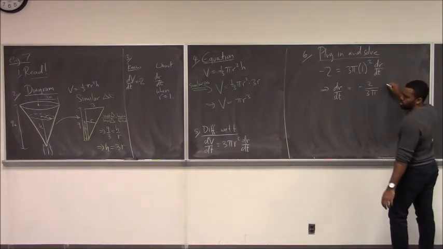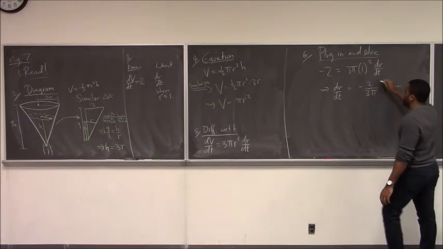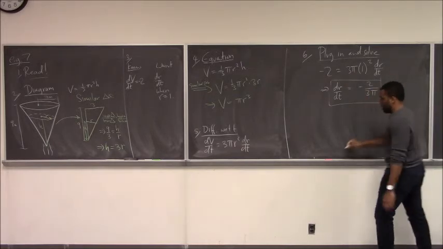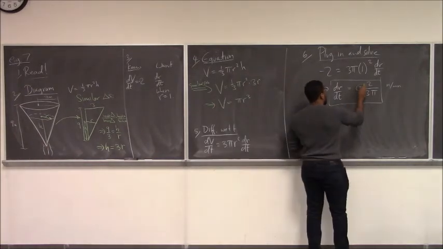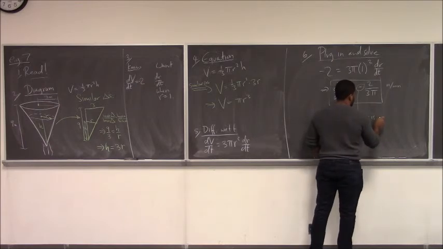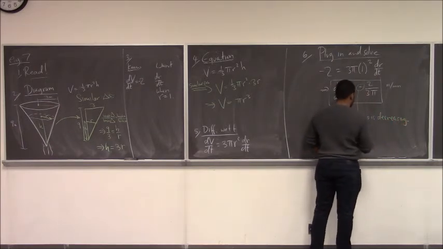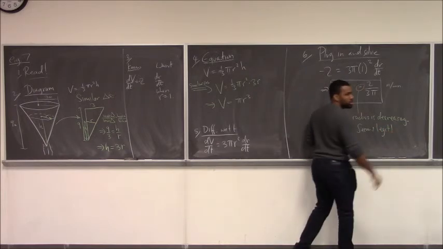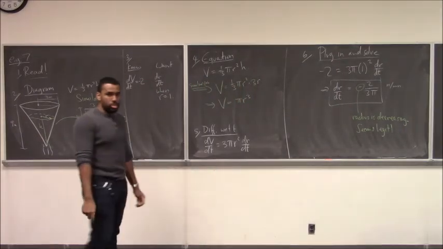Technically this would be meters per minute, but I don't actually care. It's also worth noticing that this is a negative sign, which means radius is decreasing. And that seems legit. So I assume I made the right calculations and just move on.